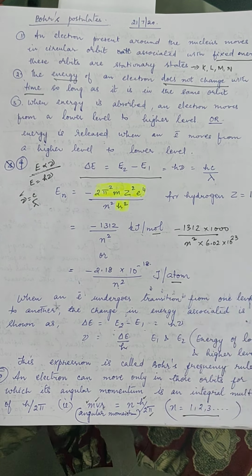Whenever there is an electron transition from one level to another level, the change in energy is denoted as delta E. Now delta E is equal to what? Energy of the electron associated with the final position minus energy associated with the initial position, that is E final minus E initial. So this is the change in energy.